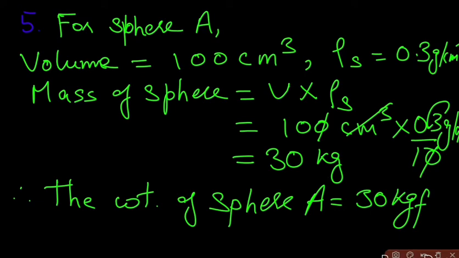Now we have to find the upthrust acting on A. To calculate upthrust we need the formula V rho L g. So the upthrust Fb dash will be equal to V rho L g.